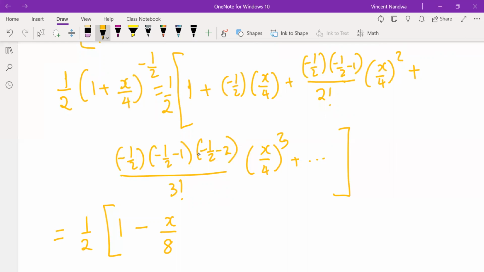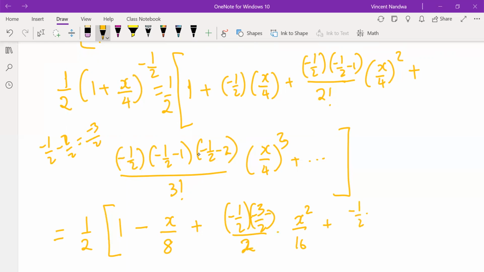And then when you expand this, we'll have a plus minus a half times minus a half minus 1, like I have minus 3 over 2, over 2 times x squared over 16, plus minus a half times minus 3 over 2 times minus 5 over 2.